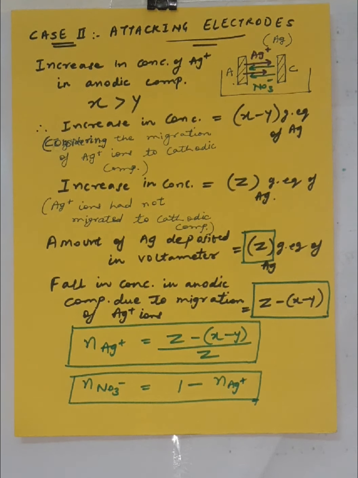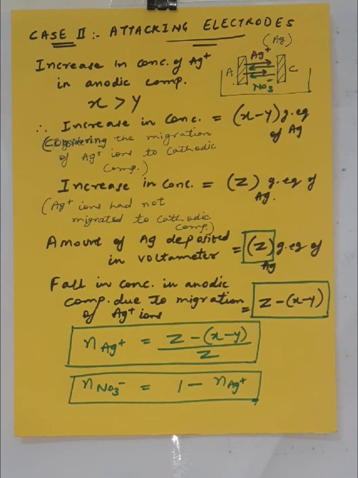Now this increase in concentration is taking place in spite of the migration of silver ions from the anodic compartment to the cathodic compartment. Let us consider that if no silver ions had migrated from the anodic compartment, then what would be the increase in concentration of silver ions in the anodic compartment?